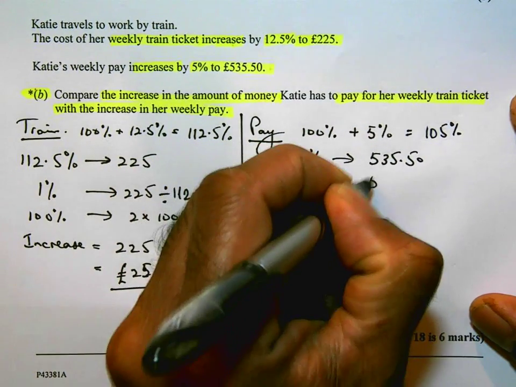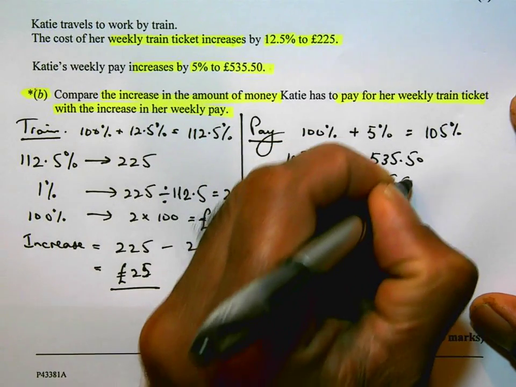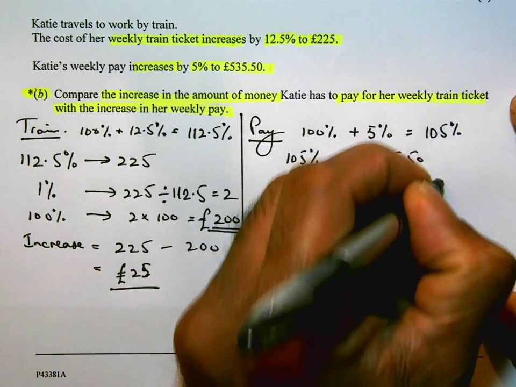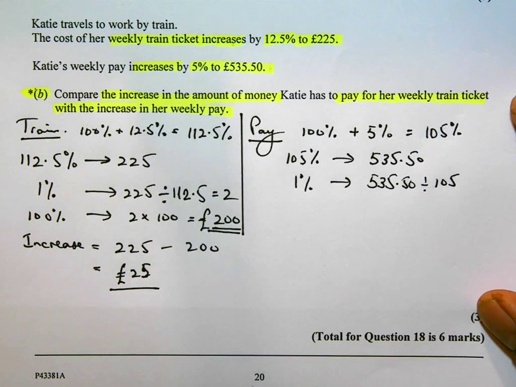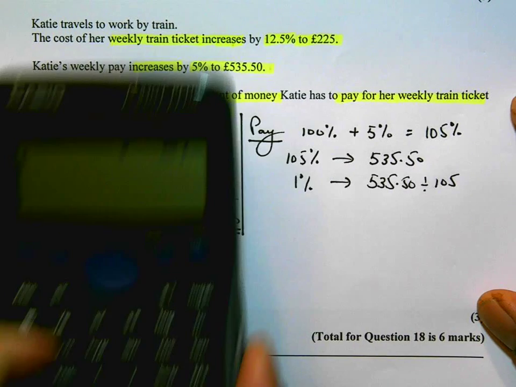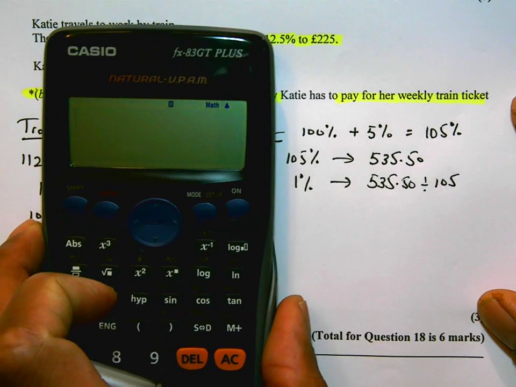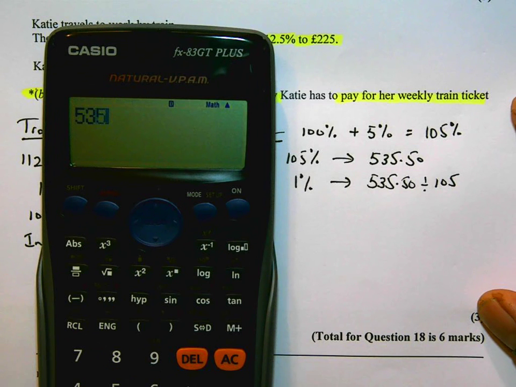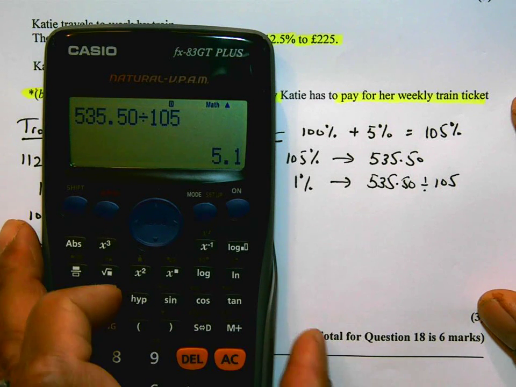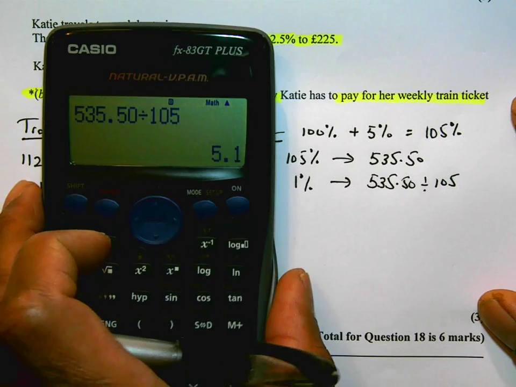I'm going to work out 1% by dividing 535.50 by 105. If I get my calculator and do that, 535.50 divided by 105, and that gives me 5.1.